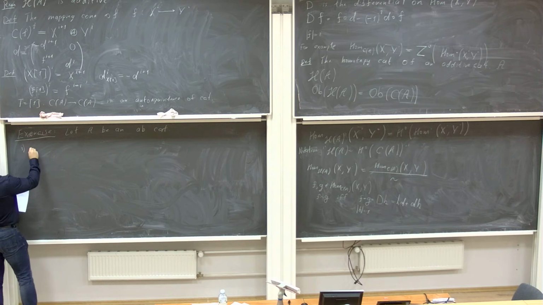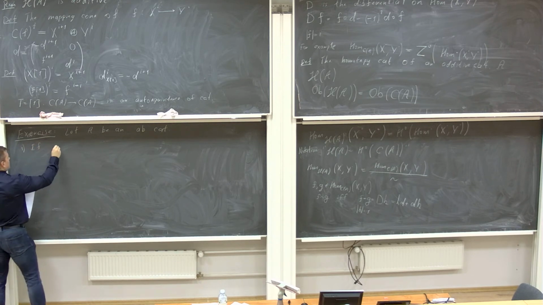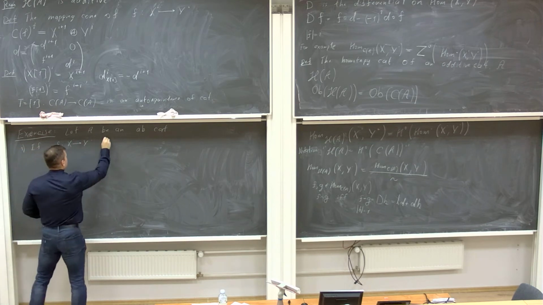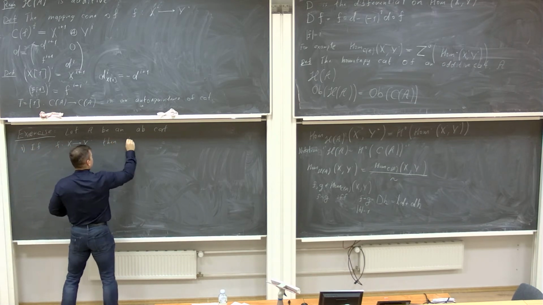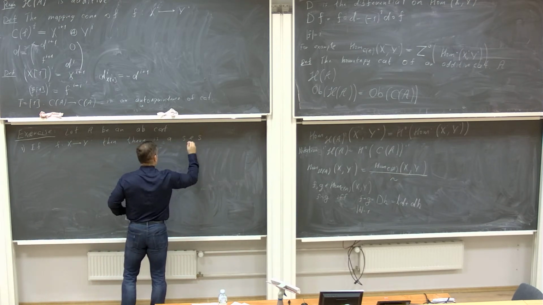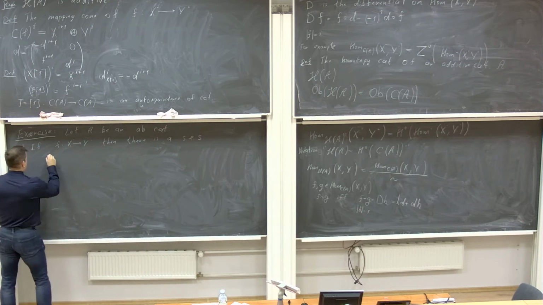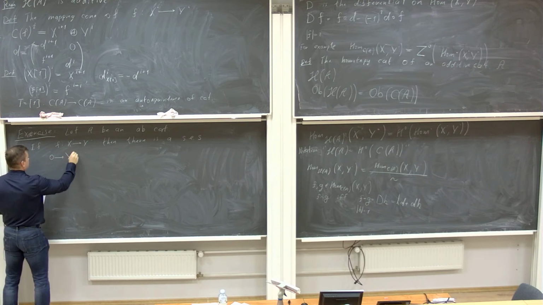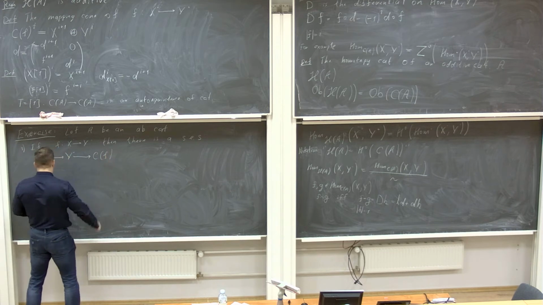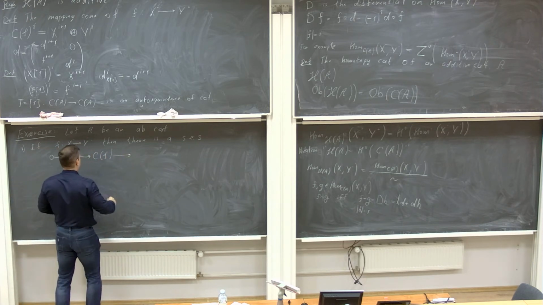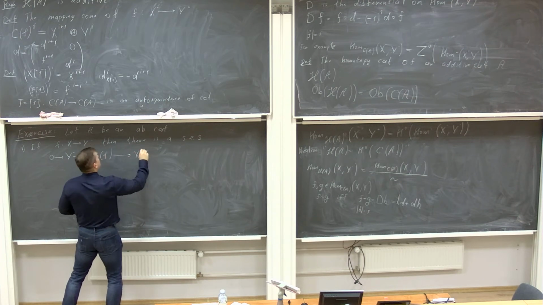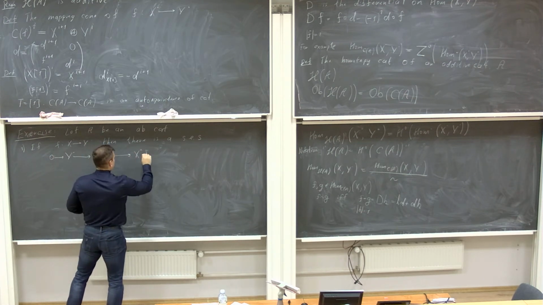First, if F is a map of two complexes, then there is a short exact sequence of complexes, where I start with Y, I map Y to the cone of F, and there is a map from the cone to X. But if you look at the definition, this is only to X shifted by 1.